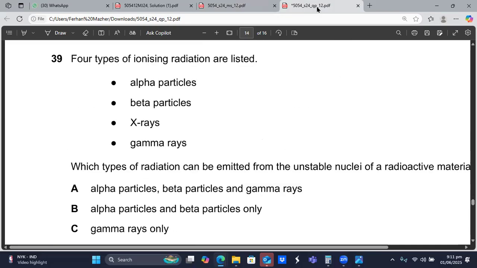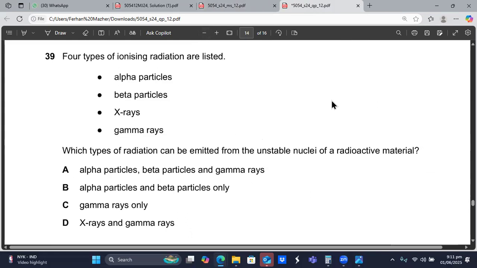Next. Question number 39. 4 types of ionizing radiations are listed. Alpha particles, beta particles, X-rays, gamma rays. Okay. So their question is, which type of radiation can be emitted from the unstable nuclei of a radioactive material?